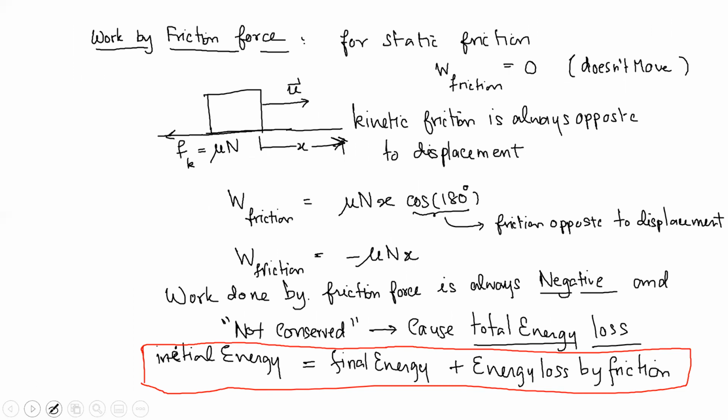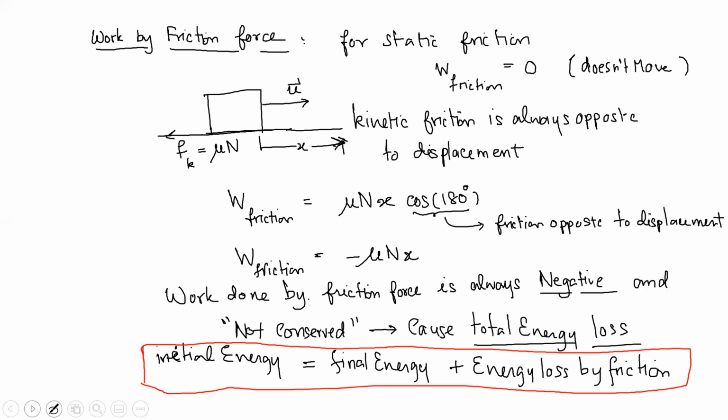Now, the question is, if we have friction force. For static friction, you don't have any movement, so there is no work done by the friction force or by any forces, because everything cancels out.